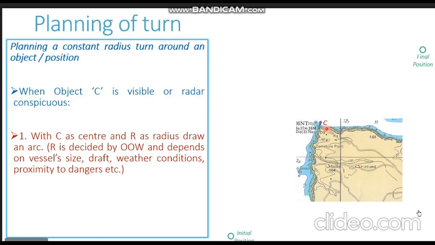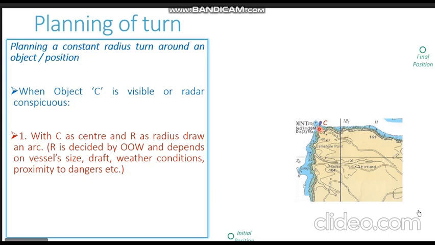So basis all these data items, the navigator will fix up a particular radius, or you can see he will fix up a minimum distance which he wants to maintain from the land.